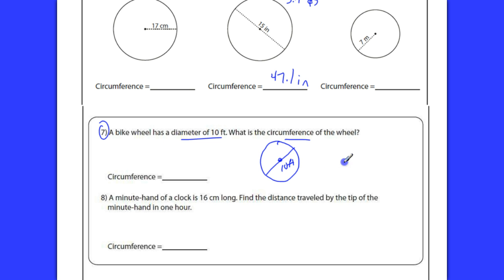We know that the diameter is 10. So the circumference is equal to 10 times 3.14. Put that in your calculator, and you'll get 31.4 feet. And that's actually really nice to know, because every time this bicycle rotates one time, you can calculate now how far you've gone, 31.4 feet. Pretty simple for us. So that's finding the circumference.